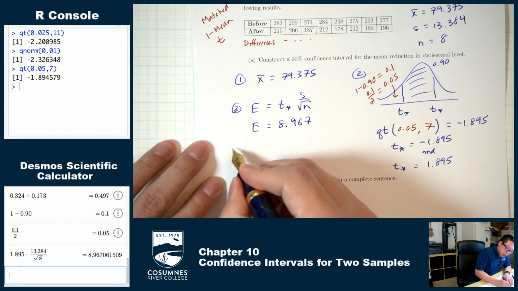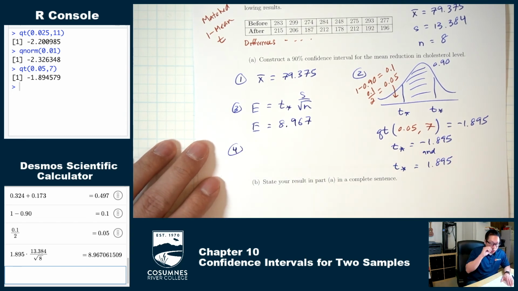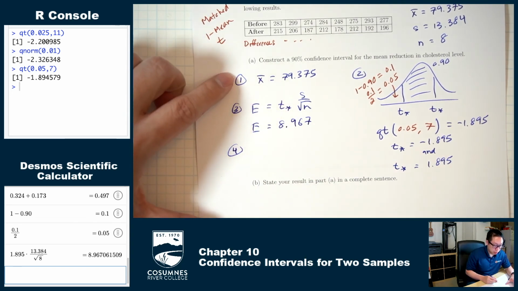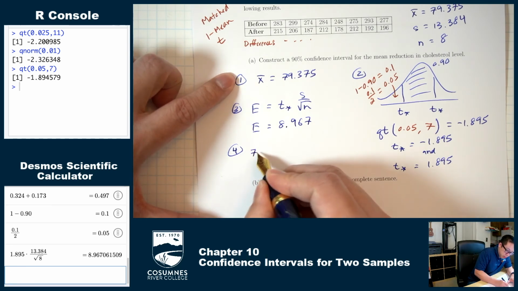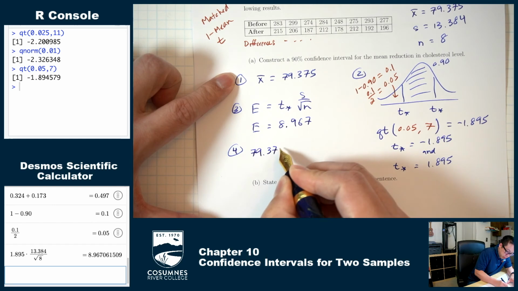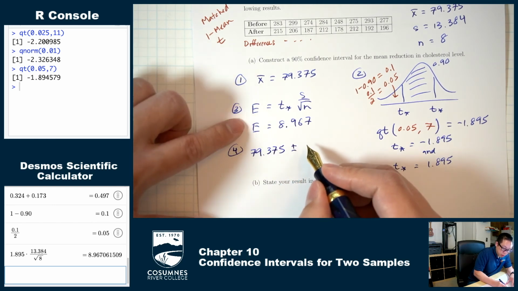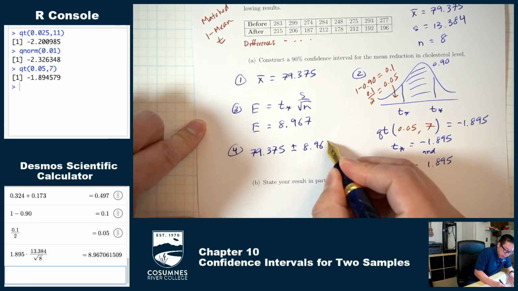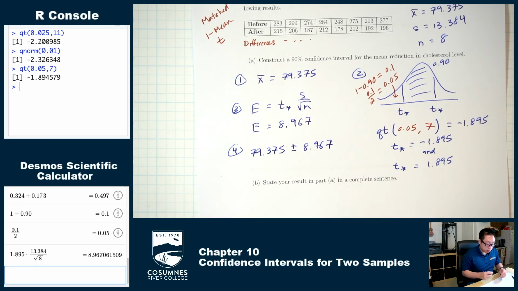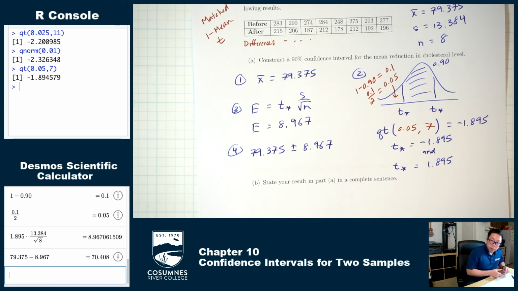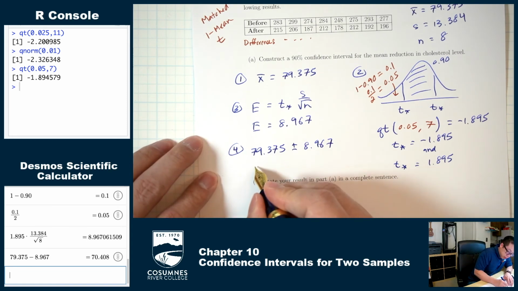And then finally, step 4, construct your confidence interval. So take your answer from step 1, 79.375, plus or minus the margin of error, plus or minus 8.967. And then to get my low number, subtract: 79.375 minus 8.967, 70.408.